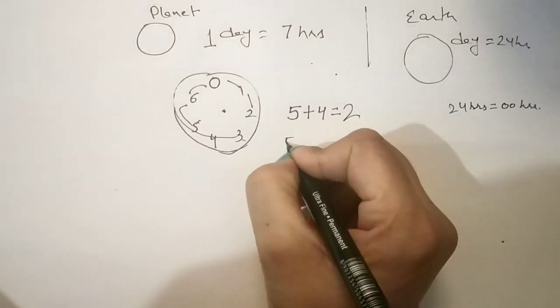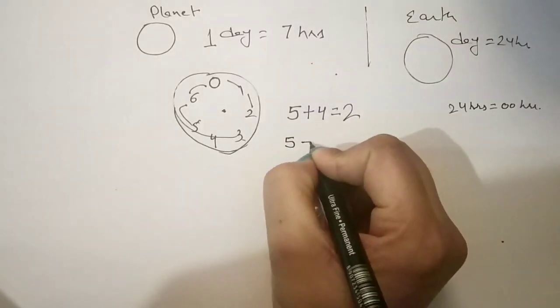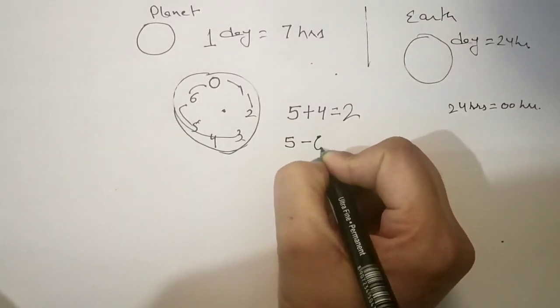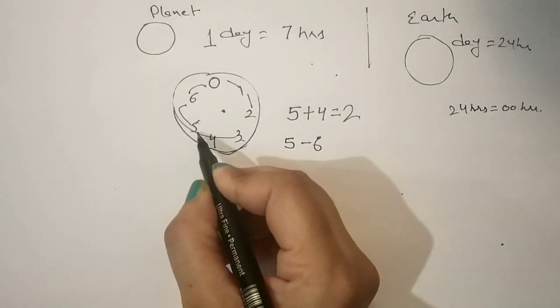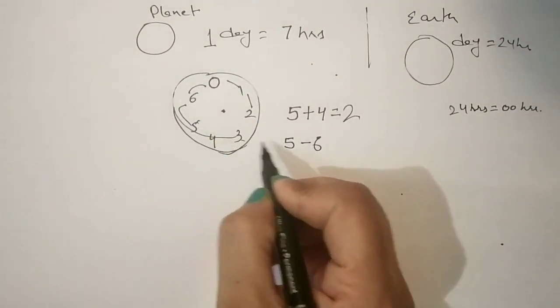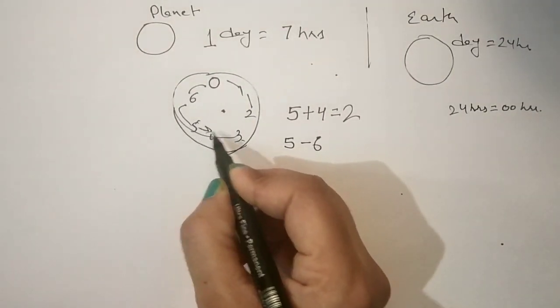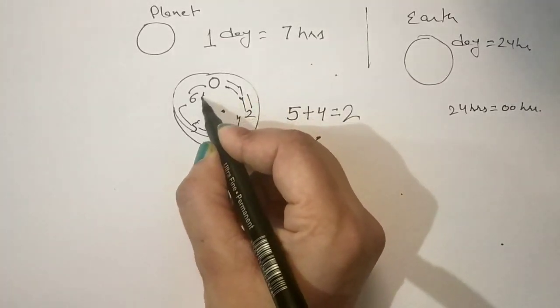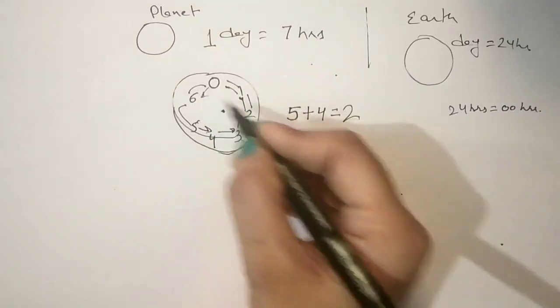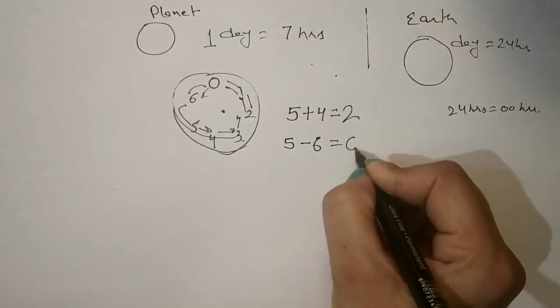Similarly, if we subtract 5 minus 6, we have to go backward for minus: 1, 2, 3, 4, 5, 6. So the answer is 6.